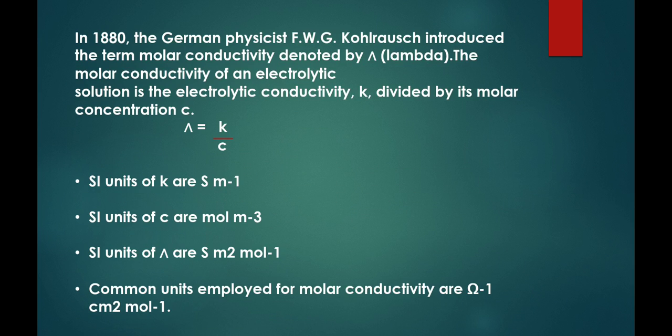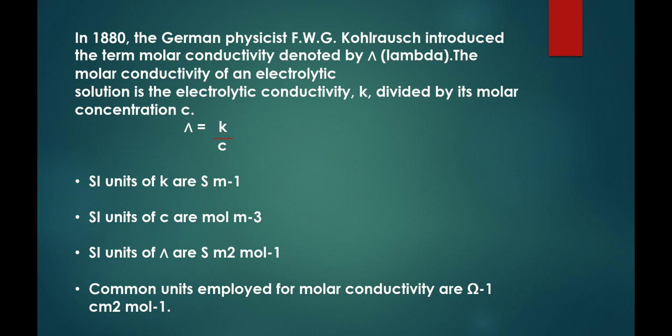So the German physicist Kohlrausch introduced the term molar conductivity, denoted by capital lambda. The molar conductivity of an electrolyte solution is the electrolytic conductivity K divided by its molar concentration C. Therefore, we can say that capital lambda is equal to K by C. According to this definition, molar conductivity is equal to the conductivity divided by its concentration.